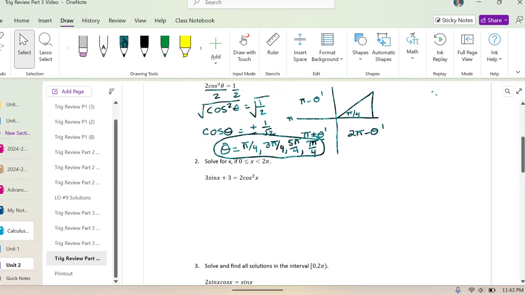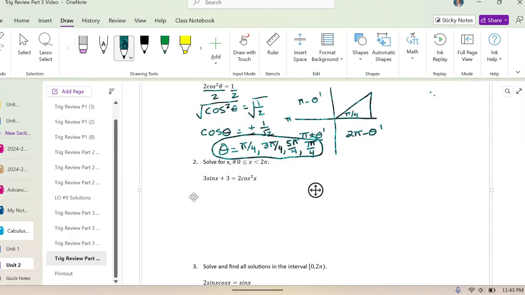The next one, you have 2 trig functions. Let's move everything to one side, so you get 0 equals 2 cosine squared x minus 3 sine x minus 3. The cosine squared becomes 1 minus sine squared.